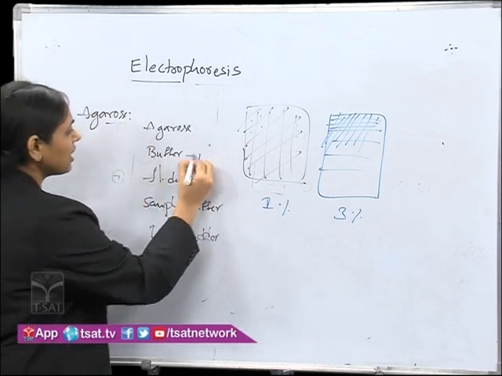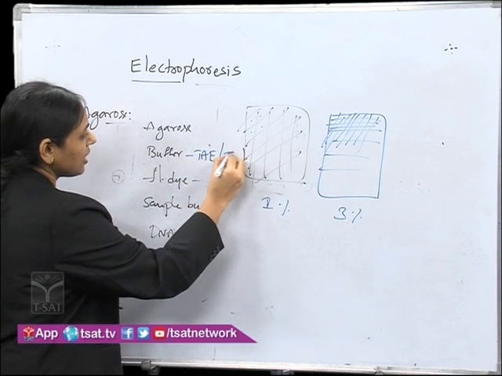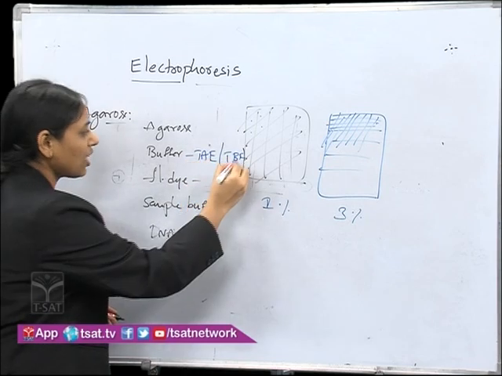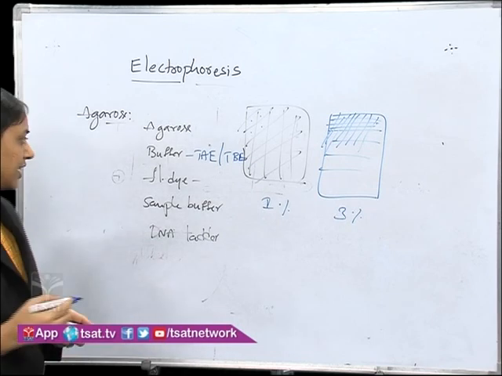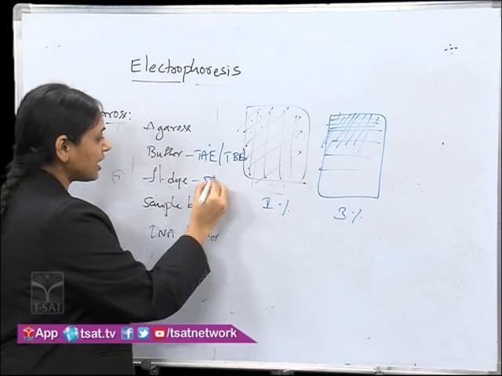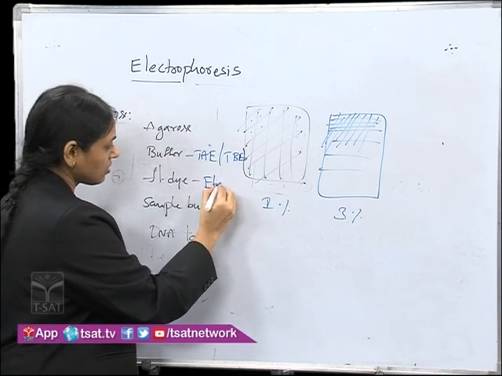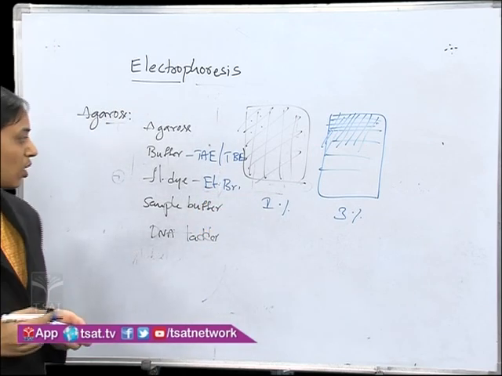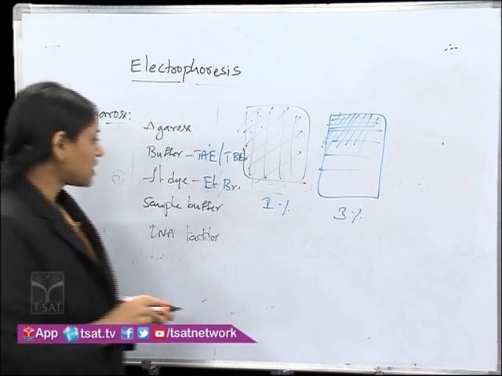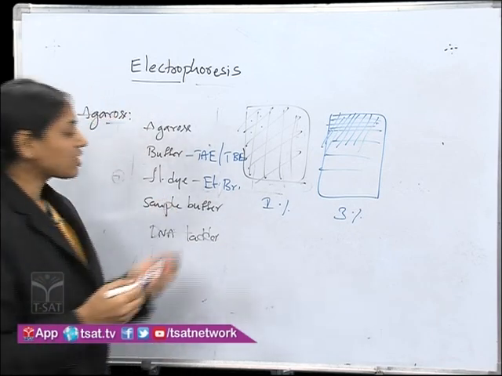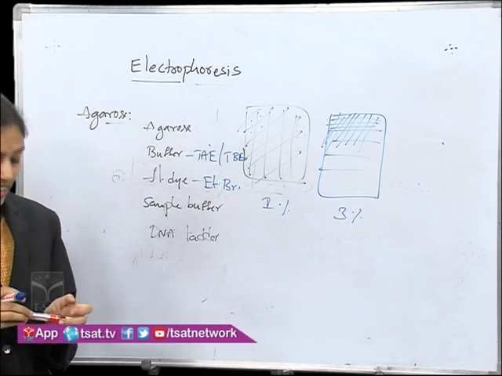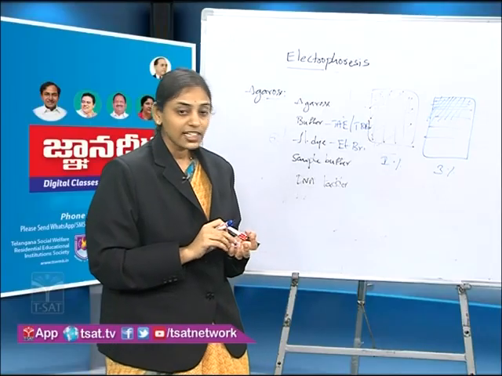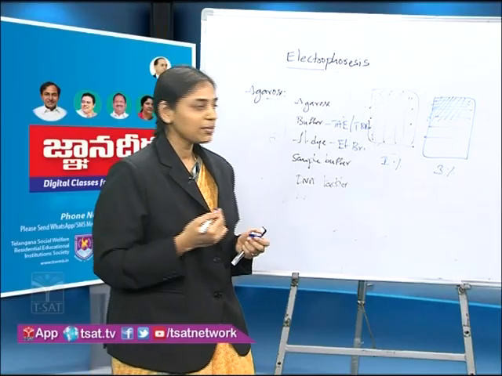And the buffer, TAE or TBE, Tris acetate EDTA or Tris borate EDTA. And the fluorescent dyes: ethidium bromide, acridine orange or SYBR Green, etc. These fluorescent dyes act as intercalating agents and they insert themselves between the stacked bases of DNA.